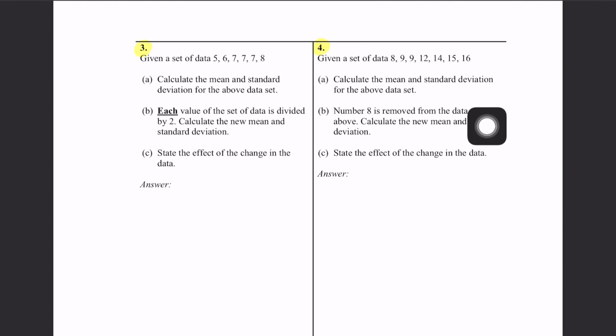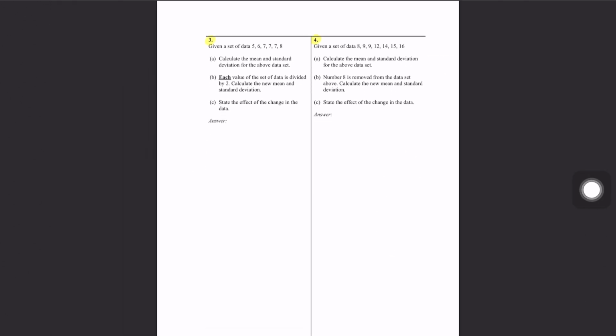Kalau tadi nombor 2 kita add a new number into the data set, while for this 4B we remove 8. So untuk A ni, awak akan bahagi 1, 2, 3, 4, 5, 6, 7. Bahagi 7 data. Tapi untuk B kita akan bahagi 6 data, because it is removed from this data set. Dan seterusnya samalah pengiraan.